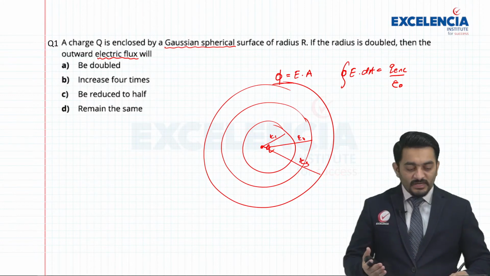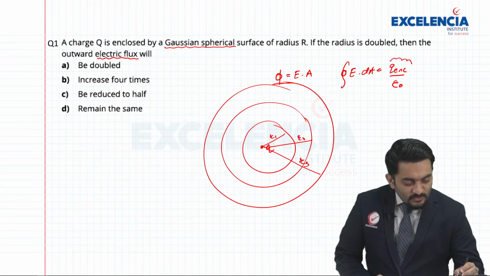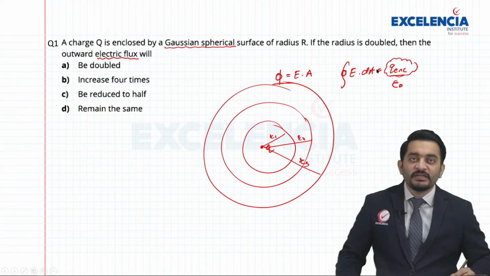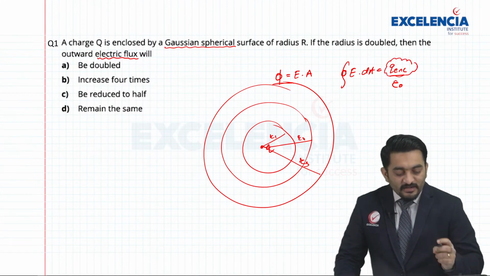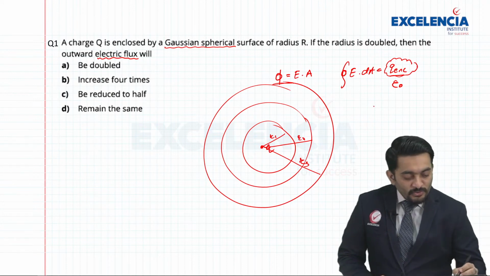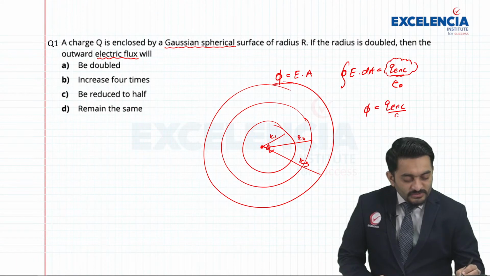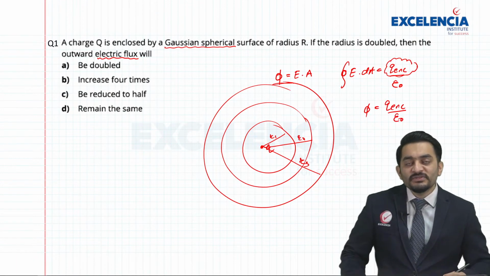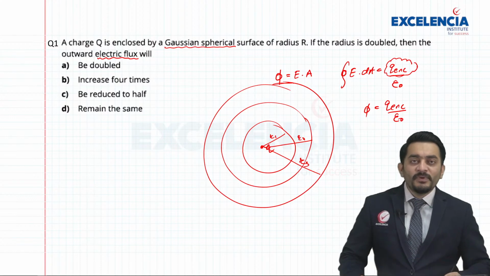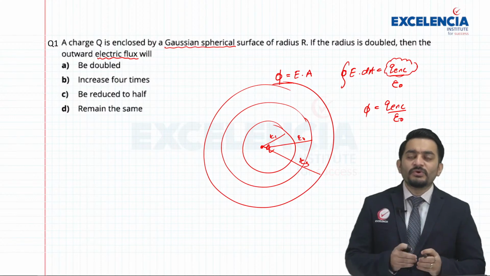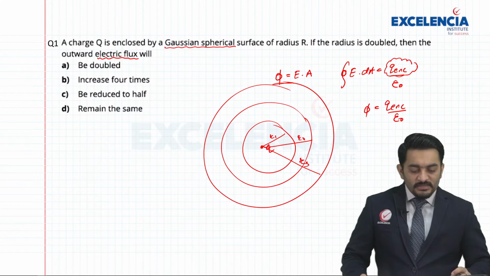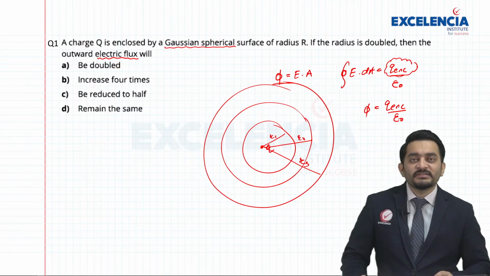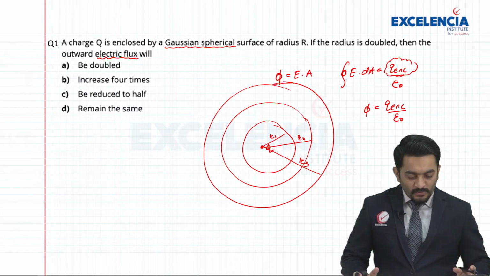It is not changing. As long as this enclosed charge does not change, your electric flux value is also not going to change, because electric flux according to Gauss's theorem can be calculated this way. If my internal charge is not changing, no matter how big or small you draw your enclosed surface, the number of electric field lines passing through the area is not going to change.